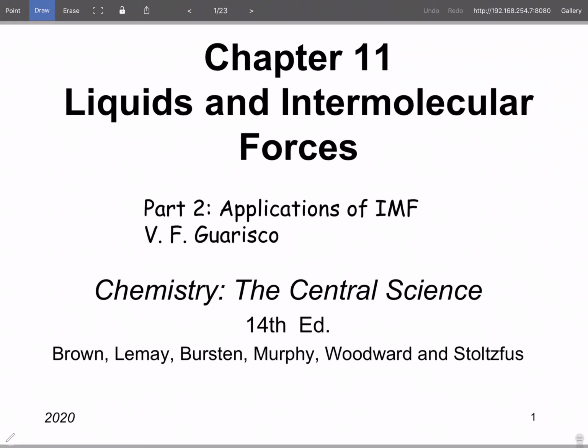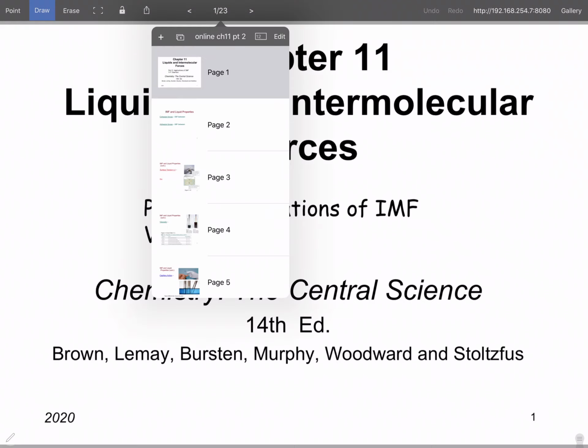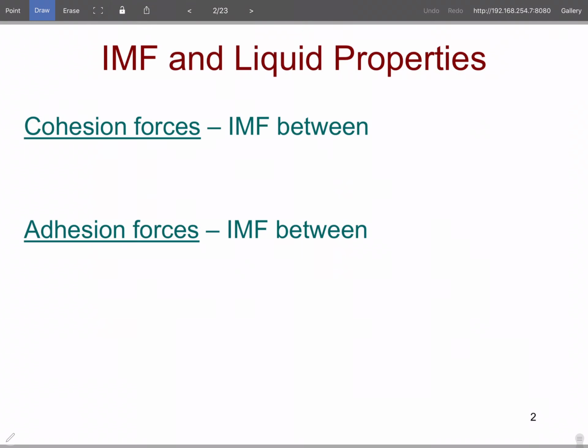Okay? So the first thing we're going to talk about is cohesion and adhesion forces. Cohesion are intermolecular forces between similar molecules.